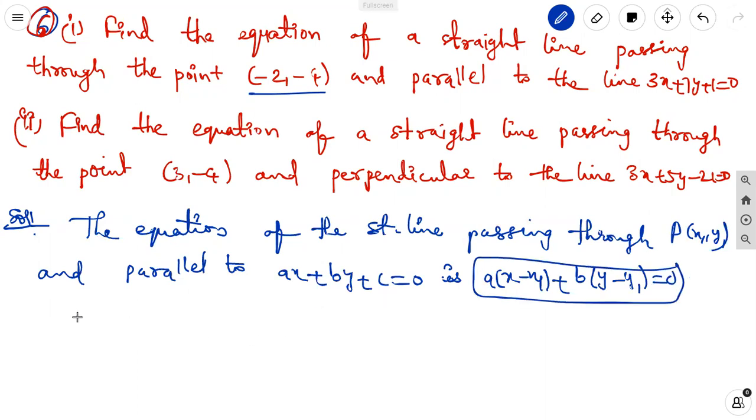Substitute in the given line equation 3x plus 7y plus 1 equal to 0.